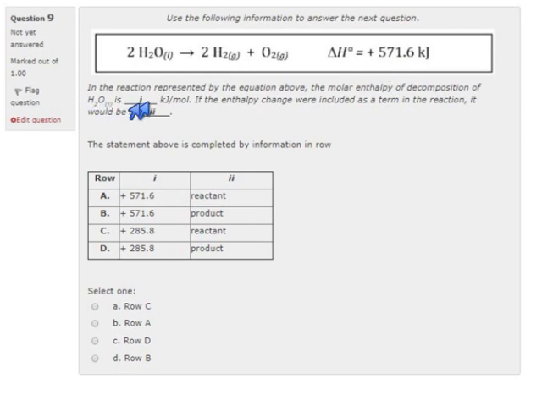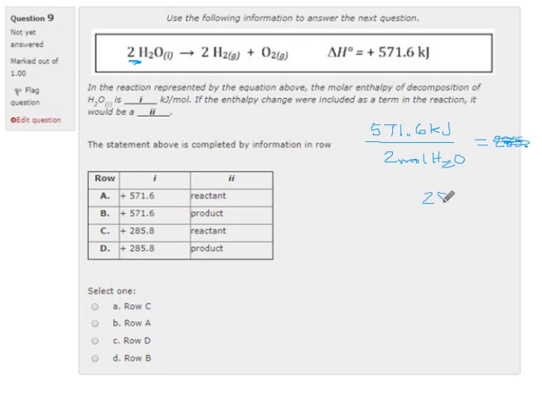If you're doing the delta H for water in kilojoules per mole, there's an important step you have to do, and that is: 571.6 kilojoules is for 2 moles of H2O. 571.6 divided by 2 is 285.8.